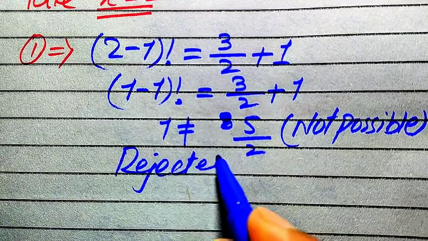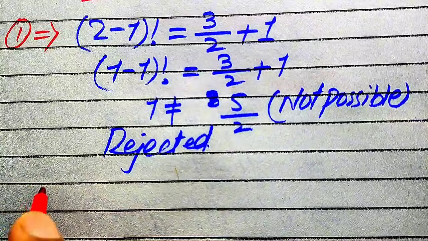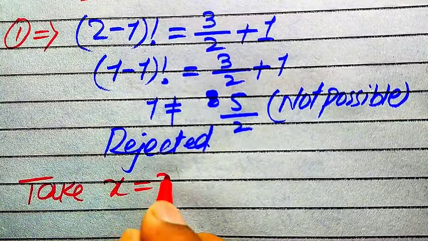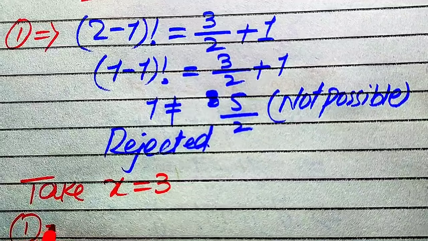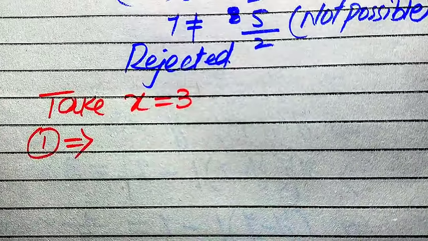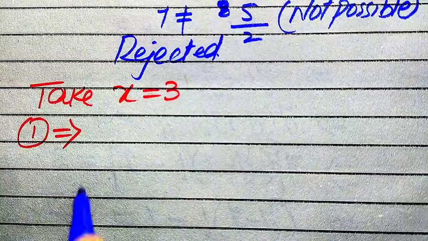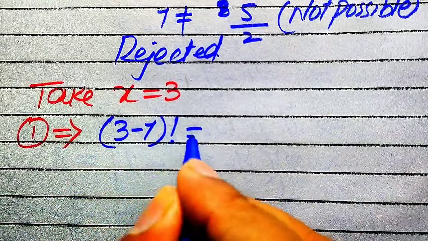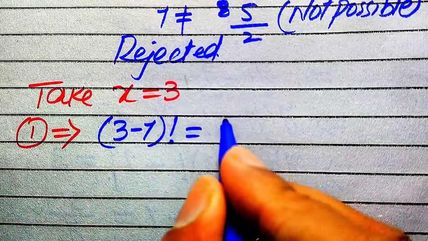And here we need to move towards x equals 3, and now we take x equals 3, and again our equation number 1 implies that. So here we again put x equals 3 in equation number 1, and it is written as 3 minus 1 factorial equals 3 divided by 3 plus 1.